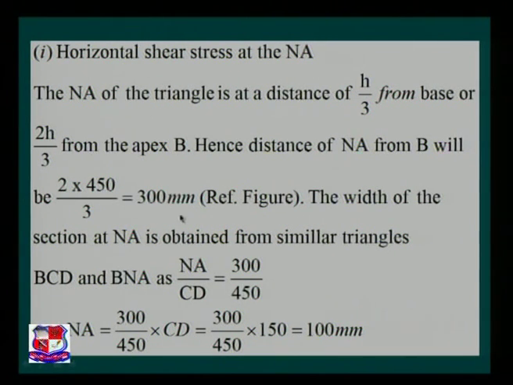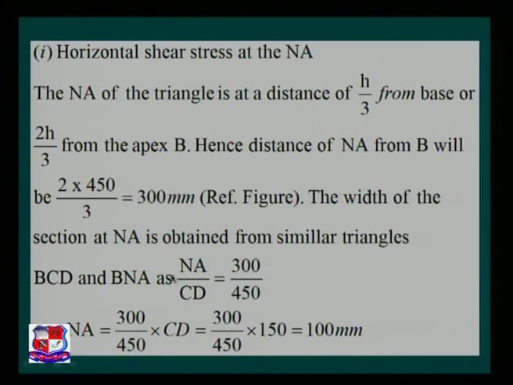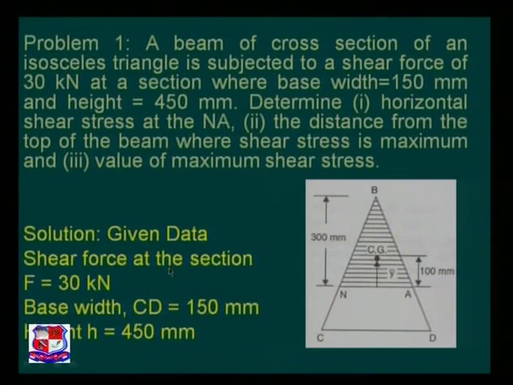The width available at the neutral axis is obtained from similar triangles, triangle BCD and BNA. By taking these similar triangles, we can achieve the available width at the neutral axis layer.